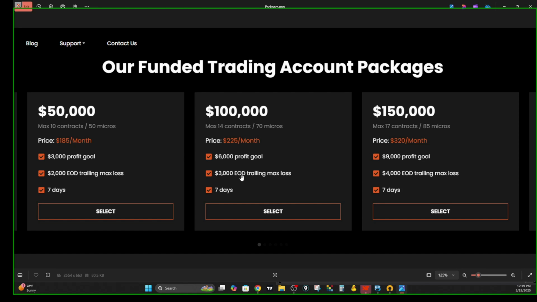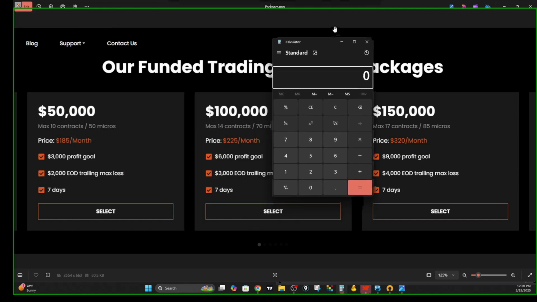So once you reach $6,000 in profit, you get to keep 90% of that. 6,000 times 90% equals you get to keep $5,400. How is that not in your best interest to let someone else take the risk?